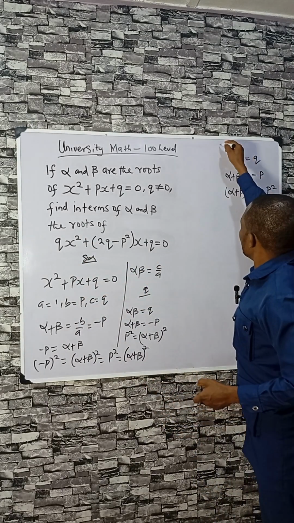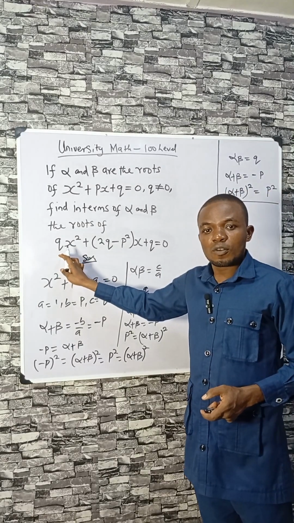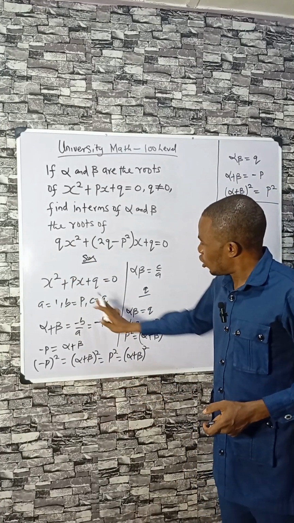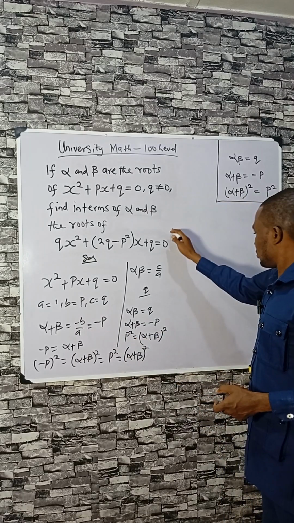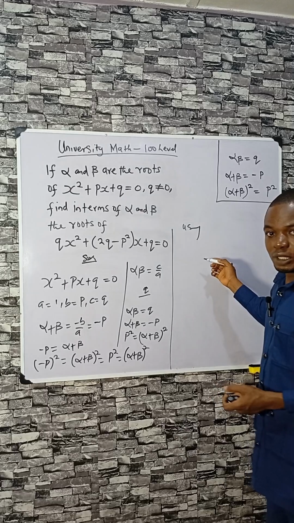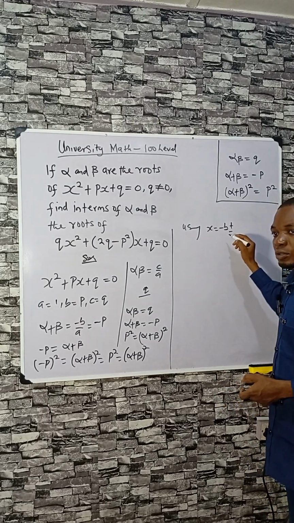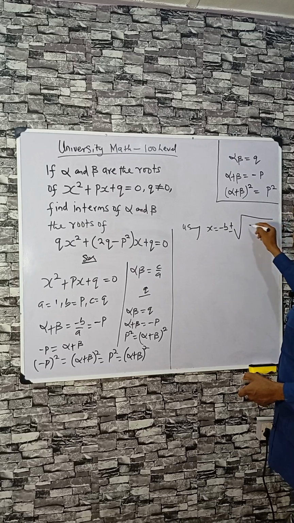Now go back to this equation. We need to solve this equation, the second equation. We need to apply the quadratic formula to solve this in order to obtain the two roots that are needed. So using the almighty formula, x equals minus b plus or minus square root of b squared minus 4ac, divided by 2a.